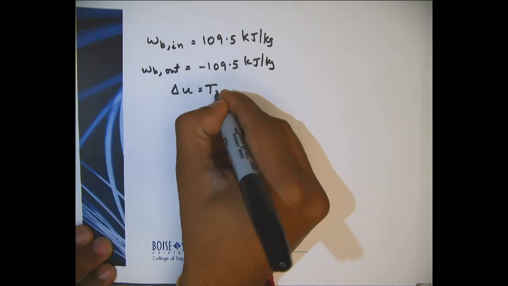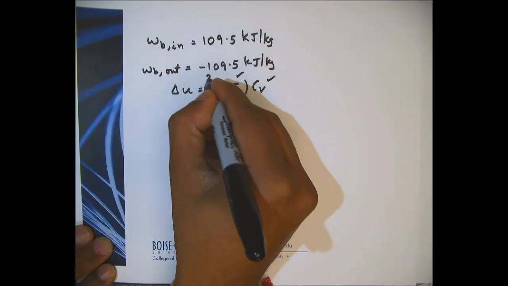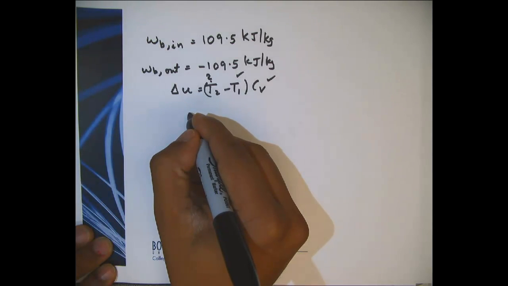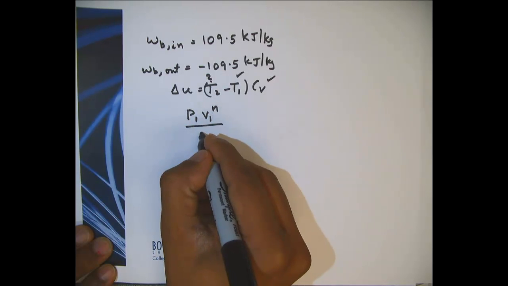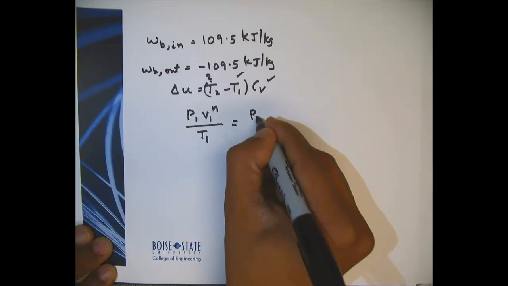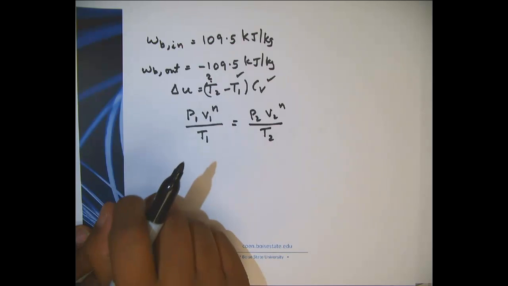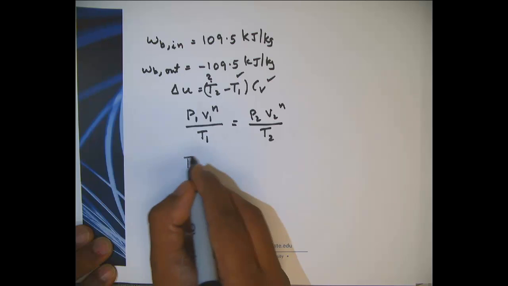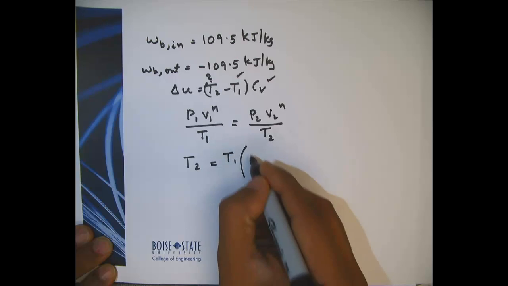And then to compute delta U now, we know CV, we know T1, but we really don't know T2 yet. So we have to find T2. Again, our polytropic process can help us there. So I can write P1 V1 raised to the power n over T1. If I take the P's from the constant which I had before, I can do this. If I do a little bit of math here, I would get a relation between the temperatures and the pressures at the two states.